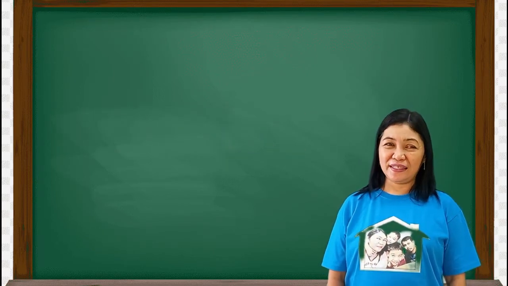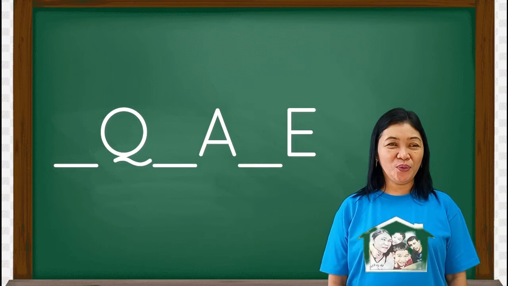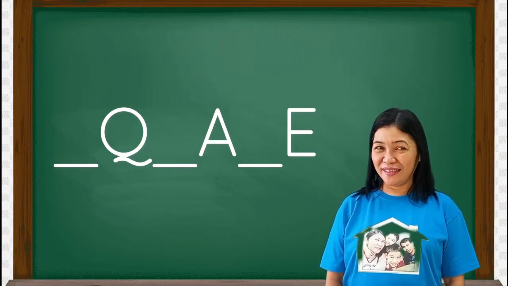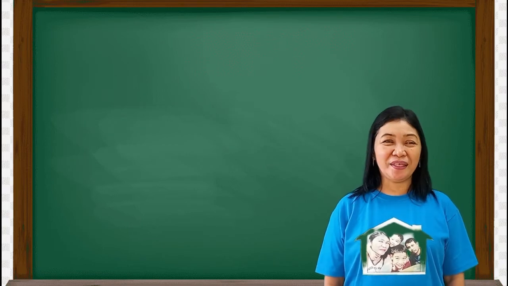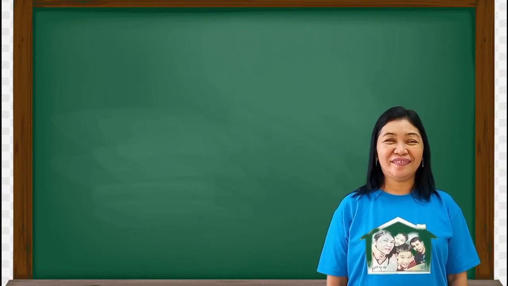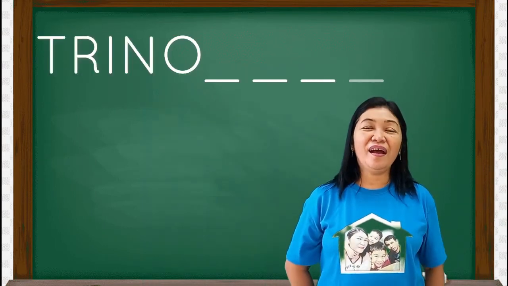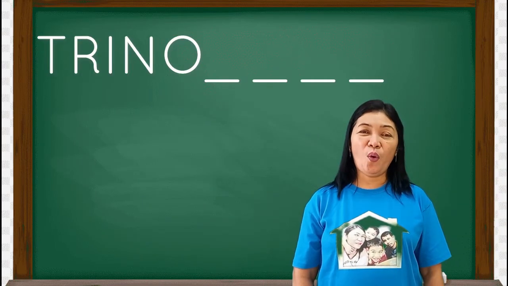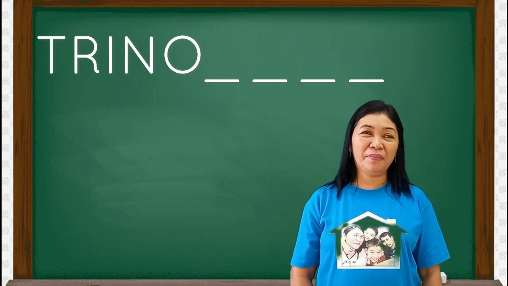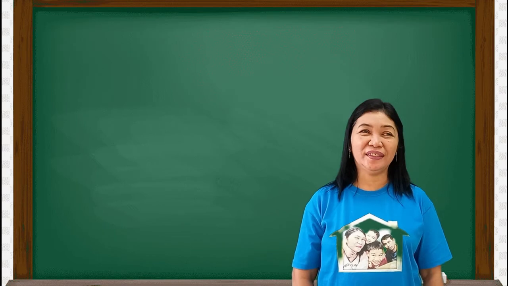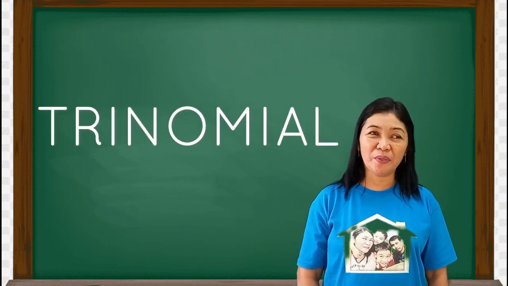The second is blank Q blank A blank E. Correct. The term is square. The last one is T R I N O blank blank blank blank. Good. The word is trinomial.